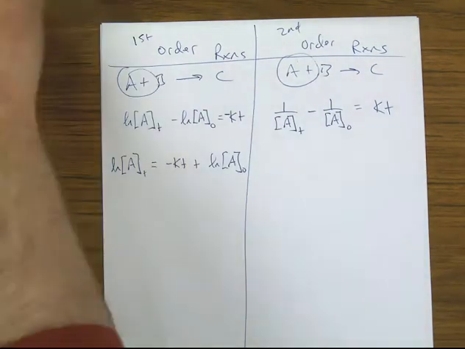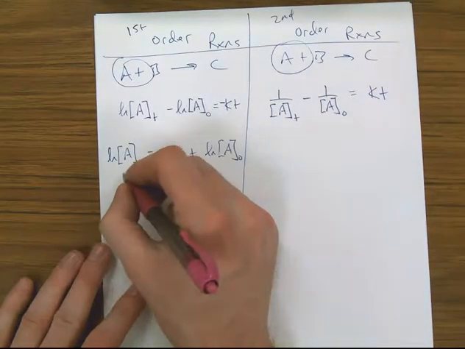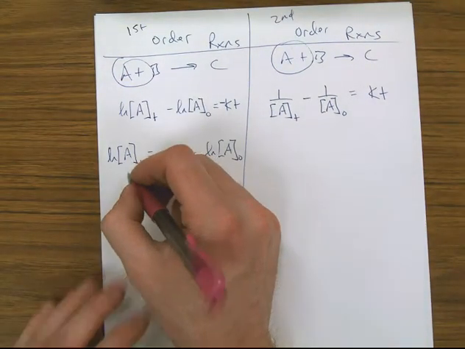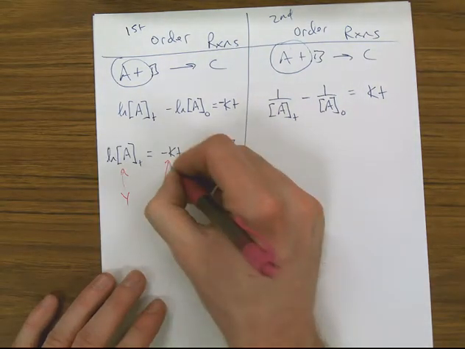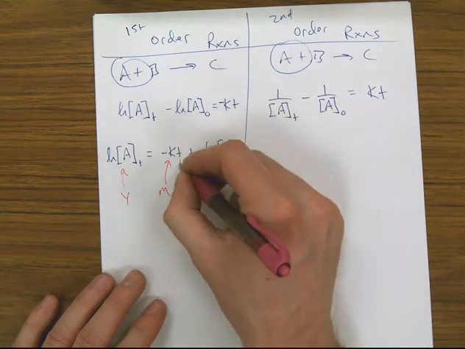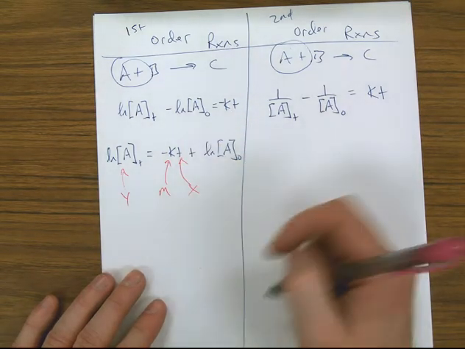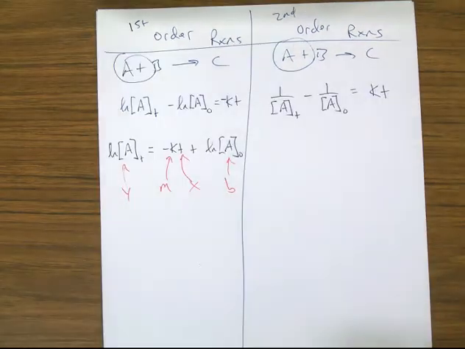What I've written up here is something that we can graph. This can be represented as y. This can be our slope, negative k, as m. This is x, or time t. The natural log of A initial is b for our graph.